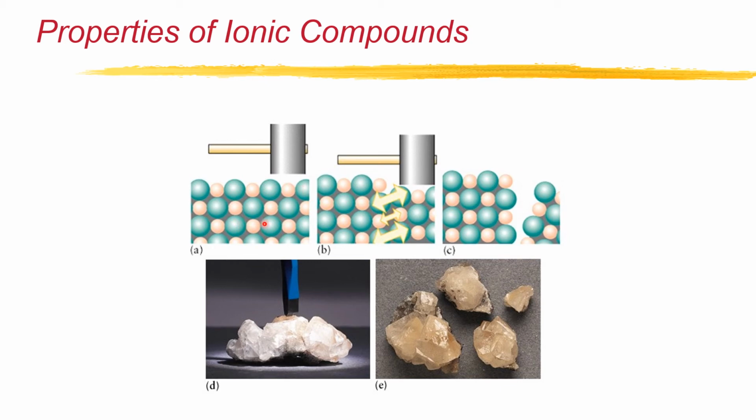Well, think about the difference between the best possible combination and the worst possible combination. And that is just one atomic diameter. So if everything is shifted down by one slot, then all of a sudden, instead of having opposite charges lined up, similar charges are completely lined up.